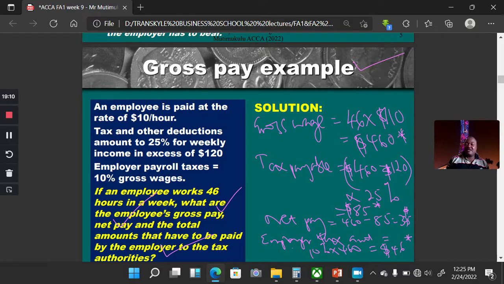Are we together? And the total will be the total amount of tax that has been submitted to ZIMRA or to whatever tax authority in your jurisdiction. All right, let's move.